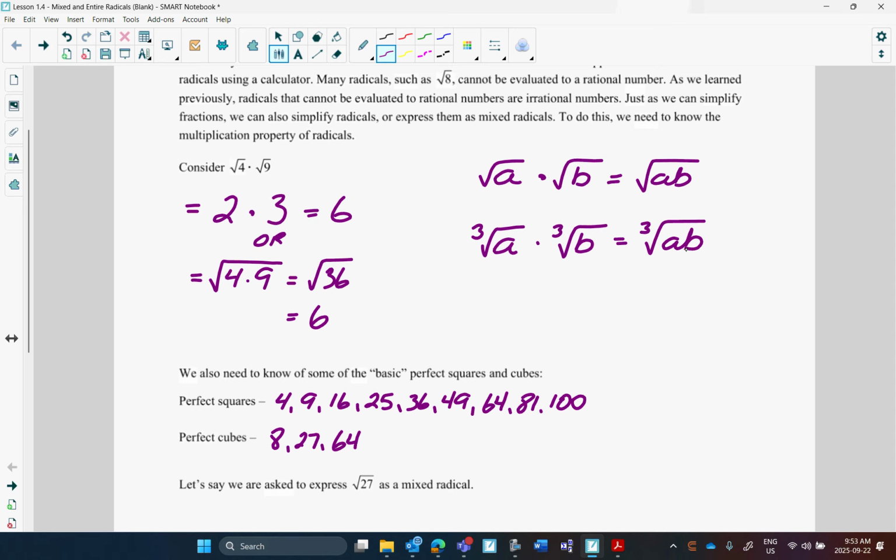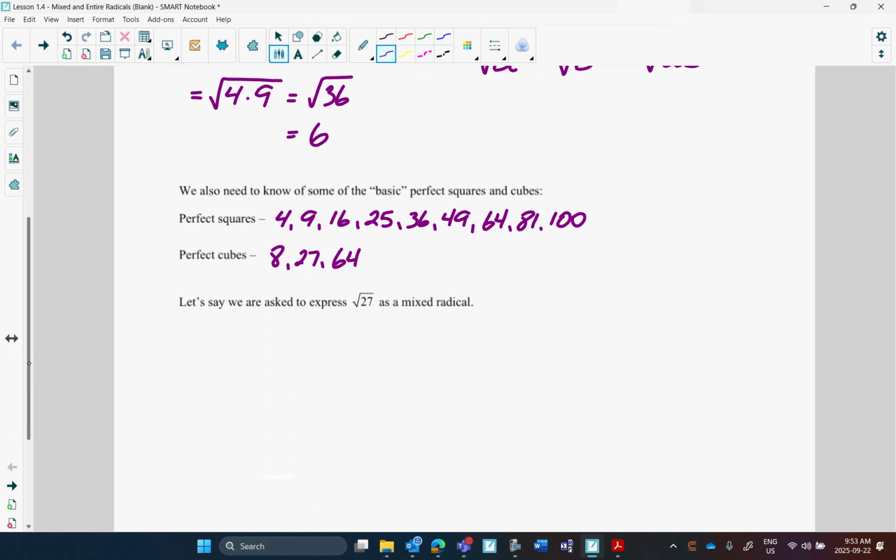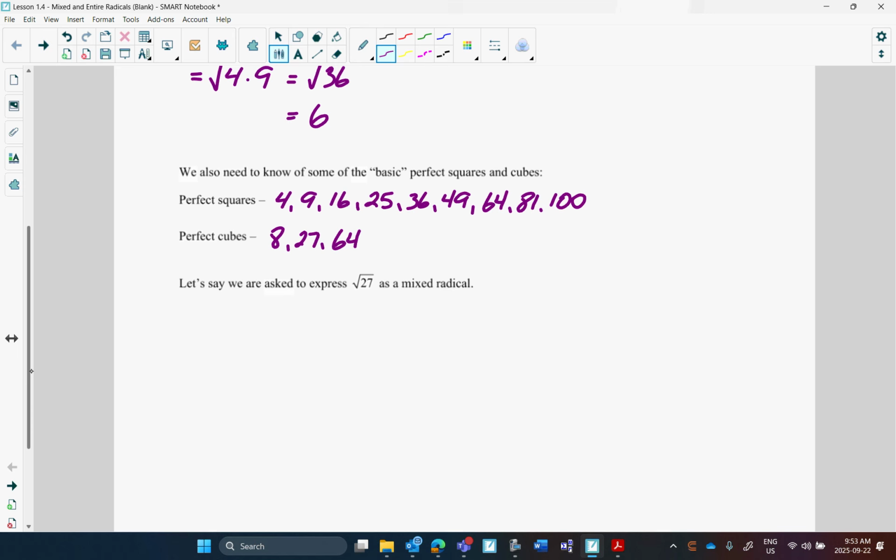So here's how we do it. Let's take an example. The only way you guys know how to work with root 27 is to use a calculator, but we're no longer going to do that. We're going to simplify it.